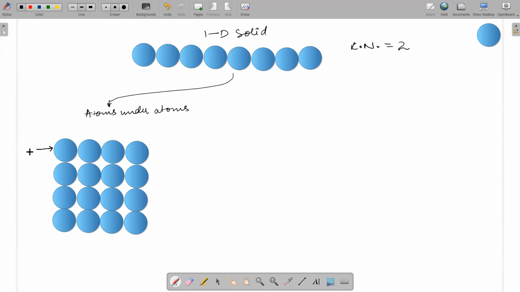I have to give it a name. So I said this layer is A. Then I added another layer which was very similar to A. The next layer was also very similar to A. All of them have no difference. This is also A. That is why this is known as AAA type packing.